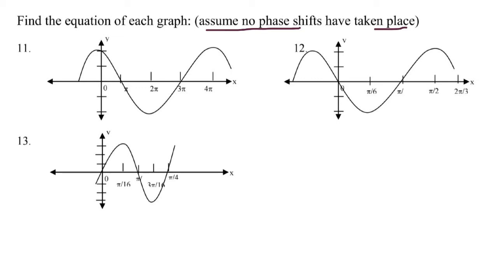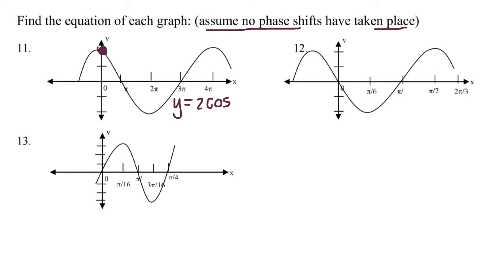So that tells me immediately that for number 11, if I'm starting way up here, I'm probably talking about a cosine function. So up there, cosine, so I would start out by saying, well, I know that's a y equals, and it looks like my amplitude might be 2. This is a cosine function. There's no phase shift, so I don't have to worry about adding or subtracting anything.